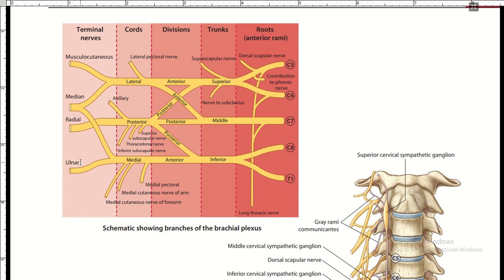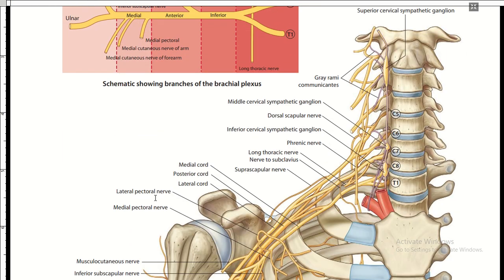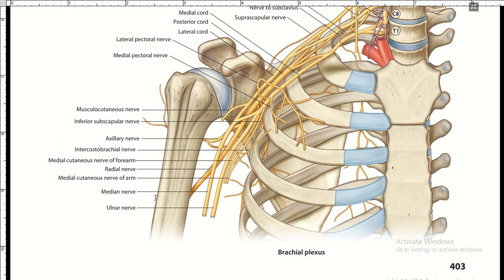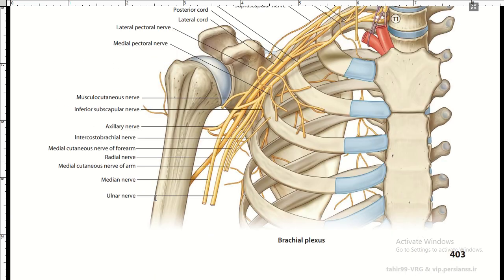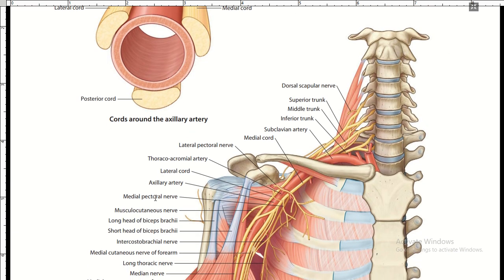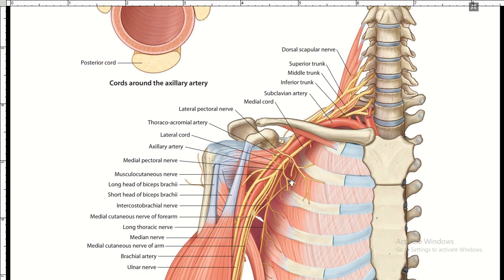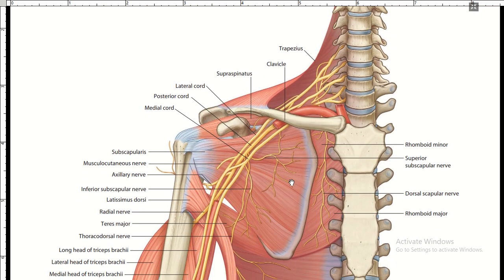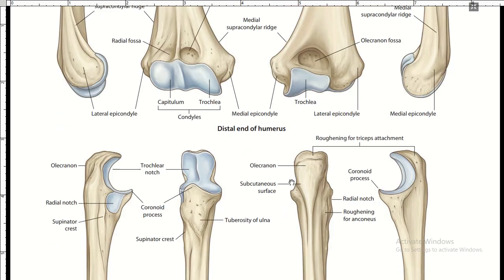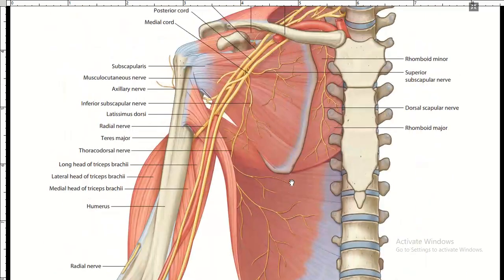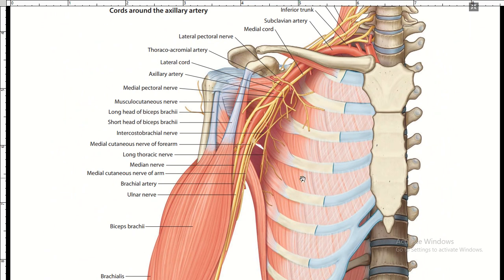So this is very important for you to understand the relations of the brachial plexus relative to the axillary artery. We say the first part: the axillary artery is going to be divided into three parts by a muscle called the pectoralis minor, which originates from the upper ribs 3, 4, 5 and inserts on the coracoid process.